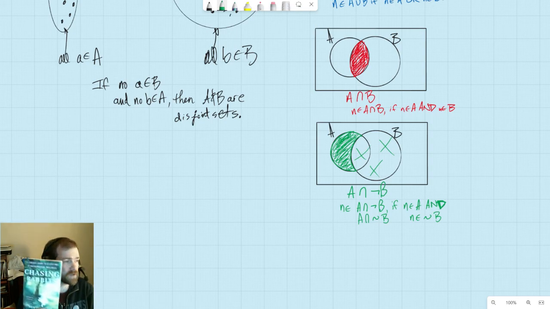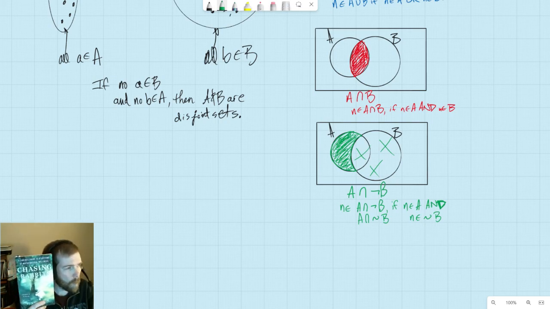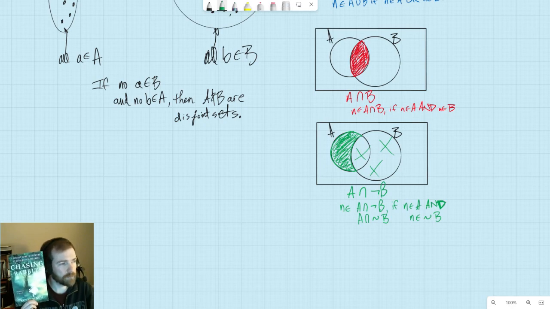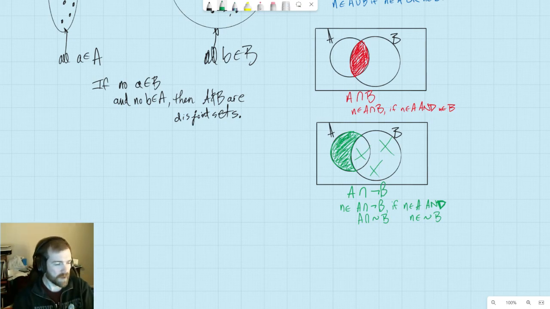So the title of tonight's stream, by the way, comes from this book by Sunil Singh, who was at the conference that I was at. Chasing Rabbits, A Curious Guide to a Lifetime of Mathematical Wellness.